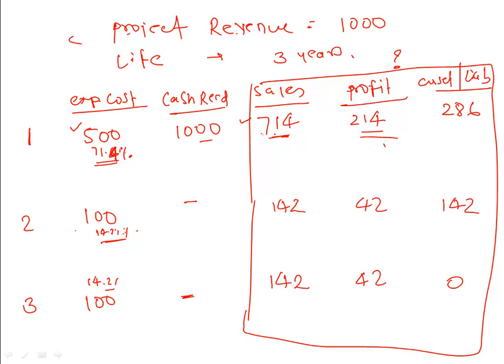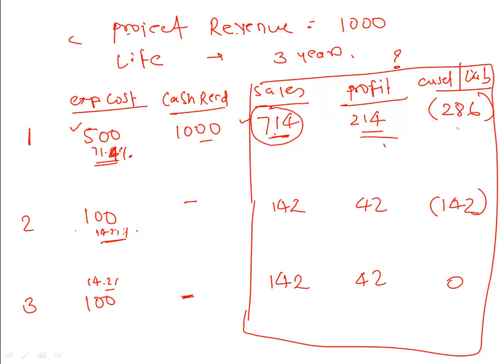Is it clear? Yes. The asset and liability? How much sales you've made? 714. So how much money client should have given you? Client should have given you ideally 714, but it gave you extra. That means it gave you extra of 286. These are all liabilities. I should have put them in brackets.